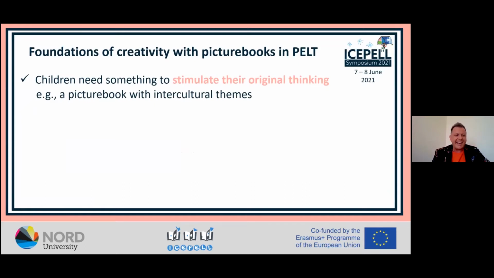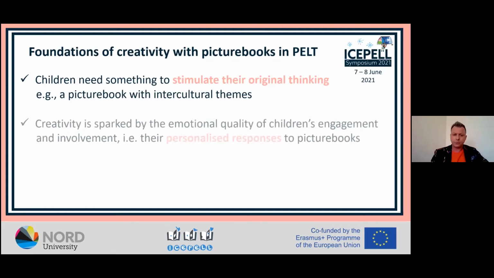But picture books, and I think we've been discovering throughout our symposium, particularly picture books with intercultural themes, can really stimulate original thought, because we're bringing in concepts, lives, worlds, identities, ideas that children maybe haven't reflected on deeply, had any opportunity to reflect on, to work around in their English learning.